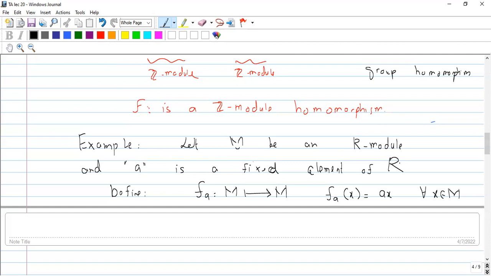So again, we can say that output is also an element of M because x is an element of M. So if we multiply x with A, which is an element of R, again we will get an element in M.